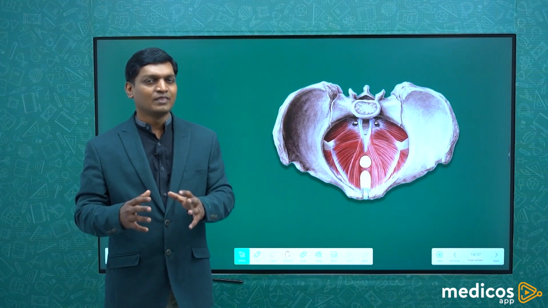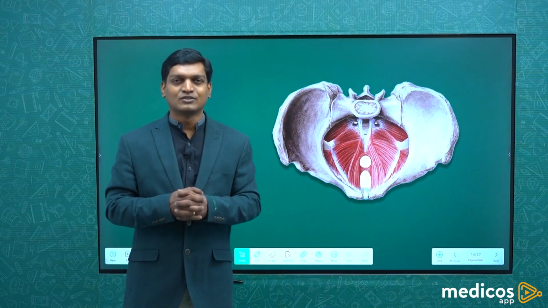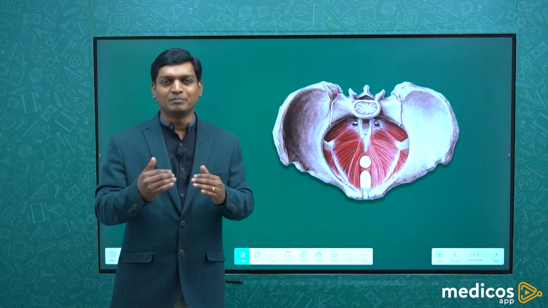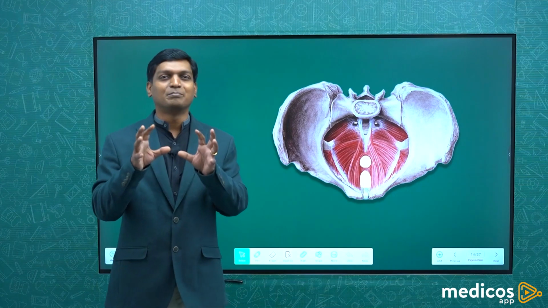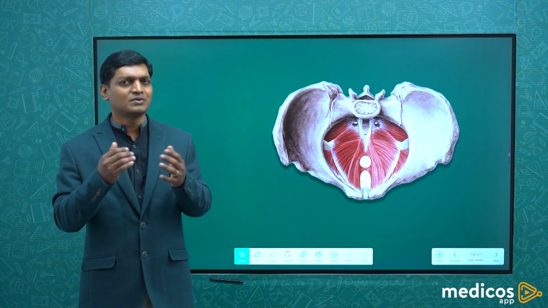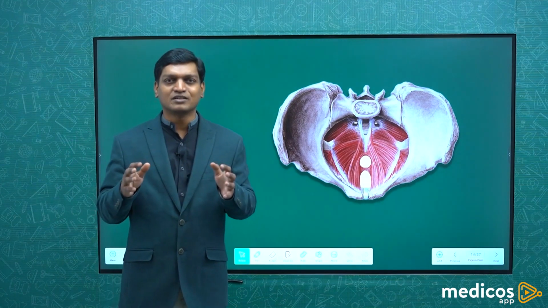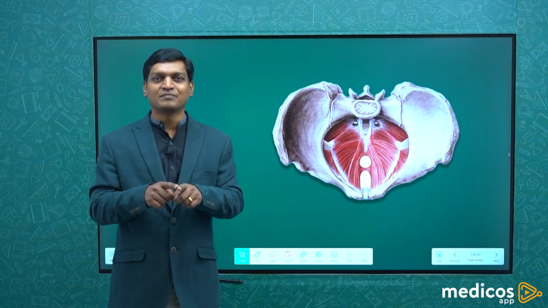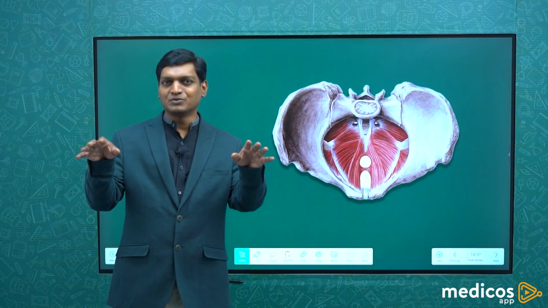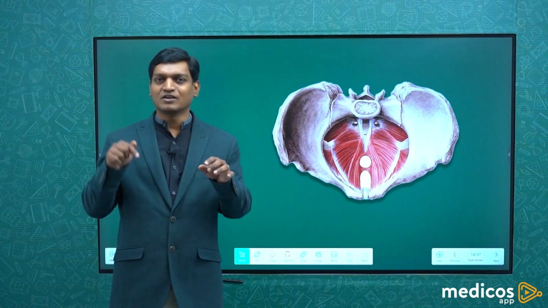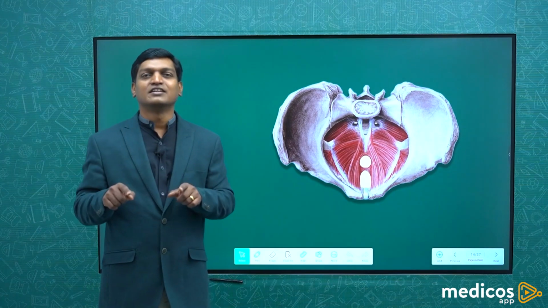You have two pouches: superficial perineal pouch and deep perineal pouch. That is present in the perineum. You can ask me, sir, what is the perineum? Perineum is nothing but a diamond-shaped area. When you lie down in a lithotomy position, from the pubic symphysis to the coccyx, on either side is the ischial tuberosity.